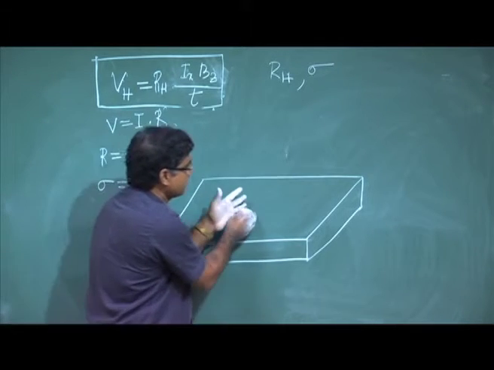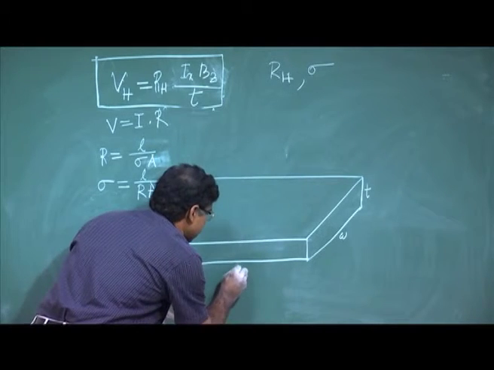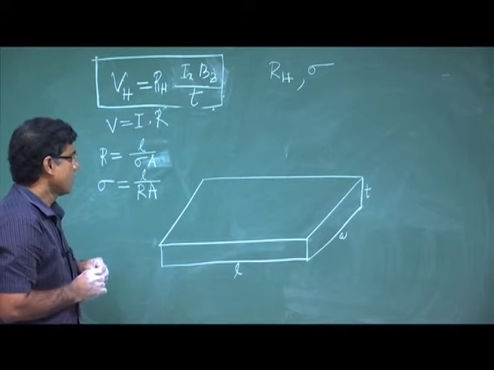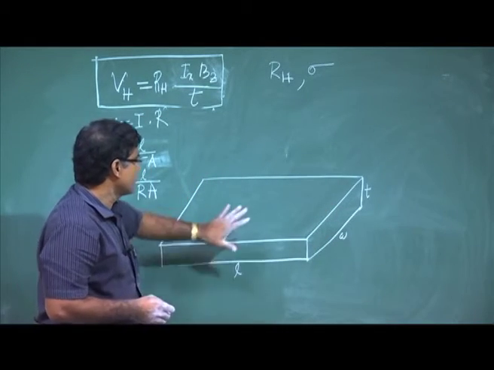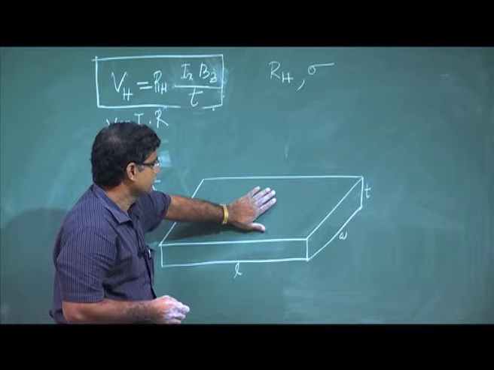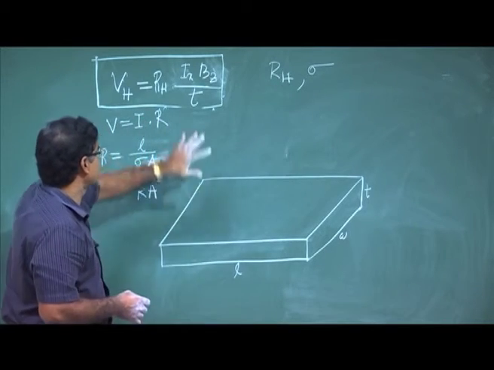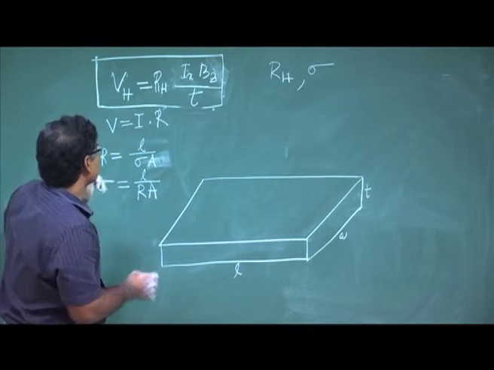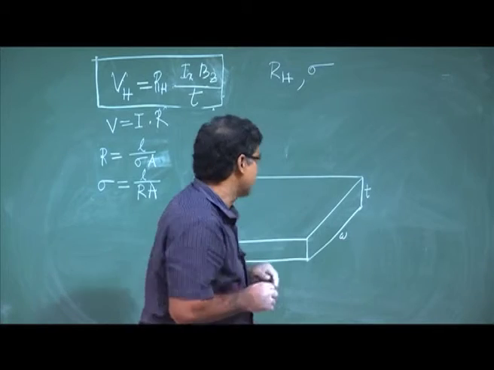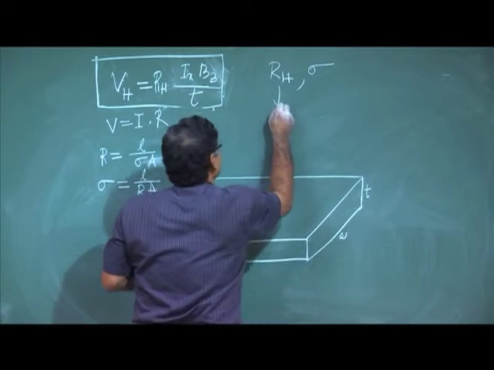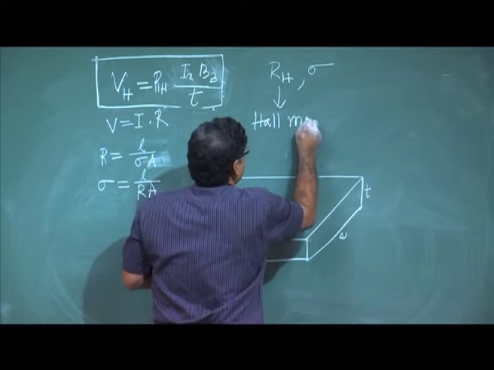So this is my sample. The thickness is T, width is W, length is L. I want to measure those parameters, given that they are related with this. This is called Hall measurement. One is Hall measurement, the Hall setup.